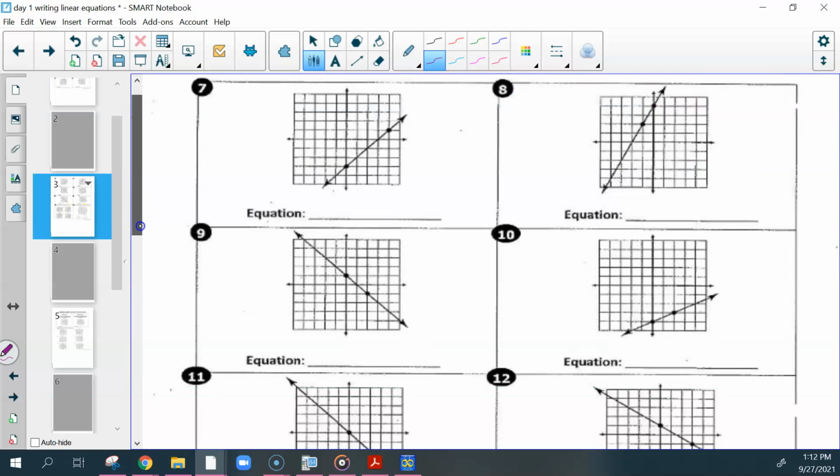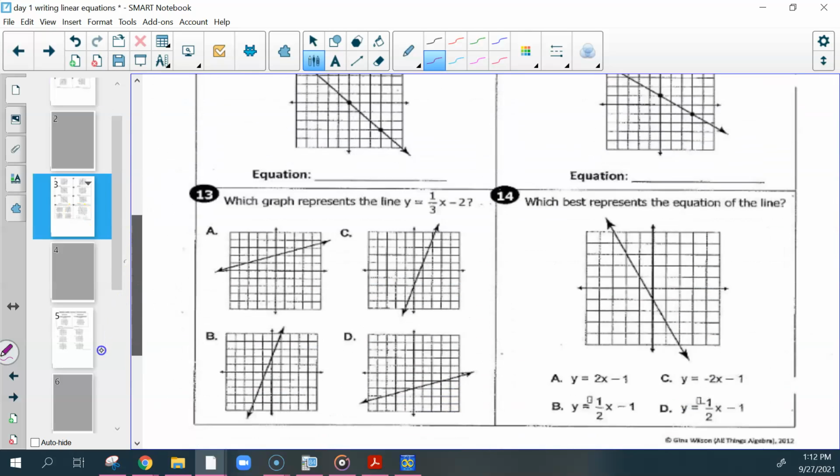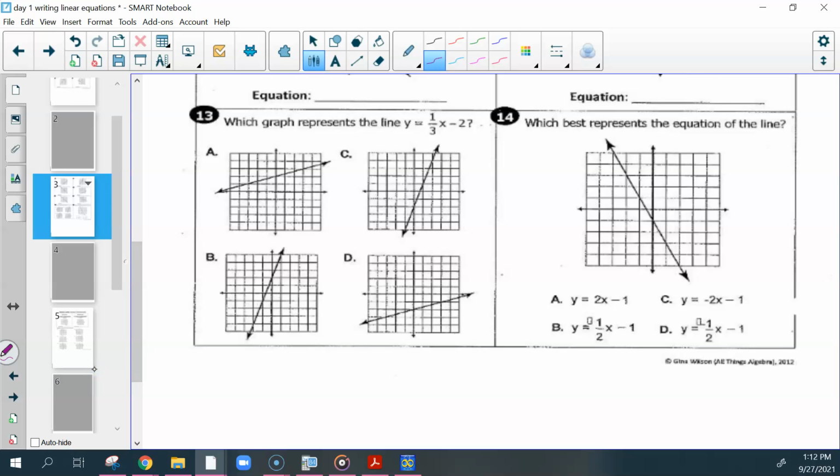I'm going to skip to the next page. We're going to skip to 13 and 14, and then I'm going to practice writing it from a graph. So 13 gives us the equation we are looking for, but it's multiple choice. If you wanted to eliminate some, get rid of the ones that don't have a y-intercept at -2.